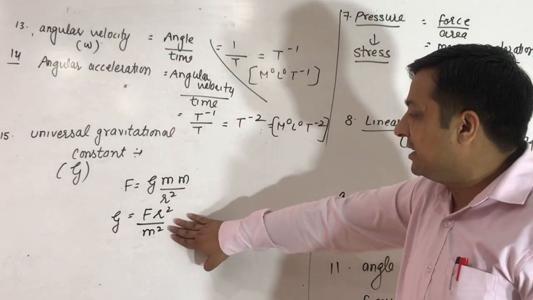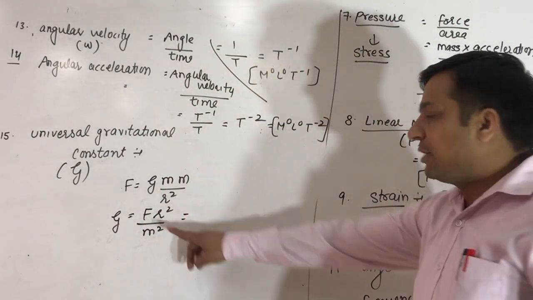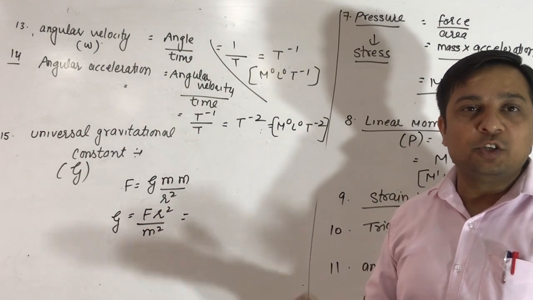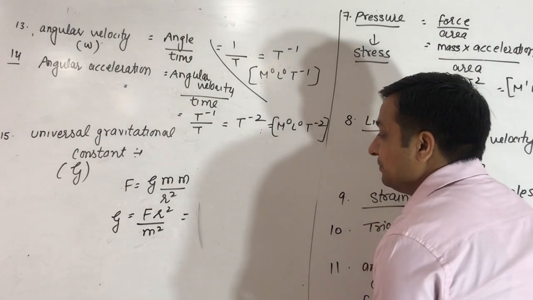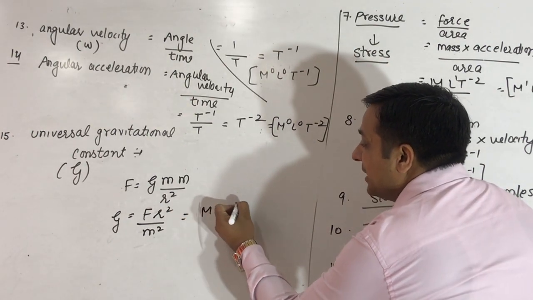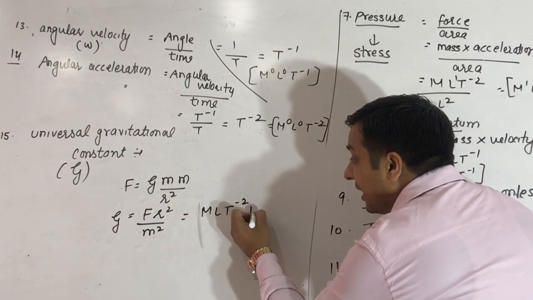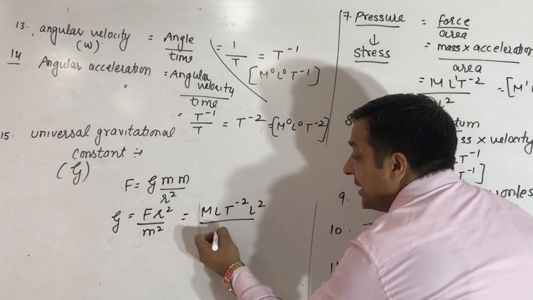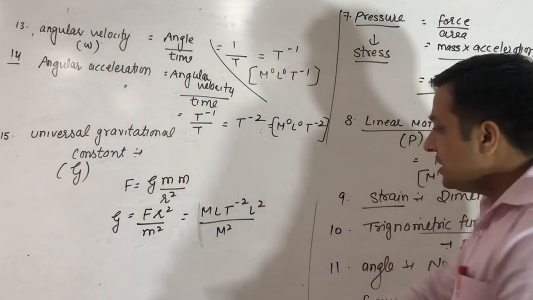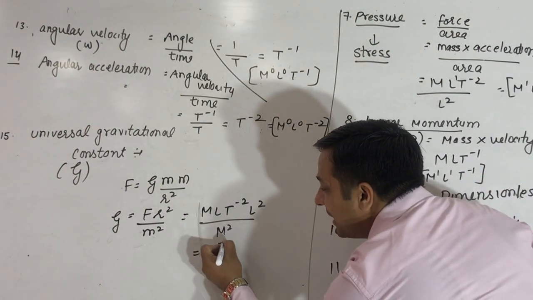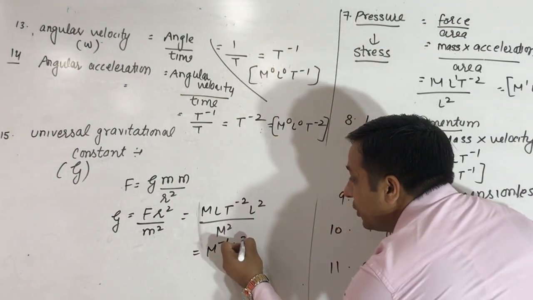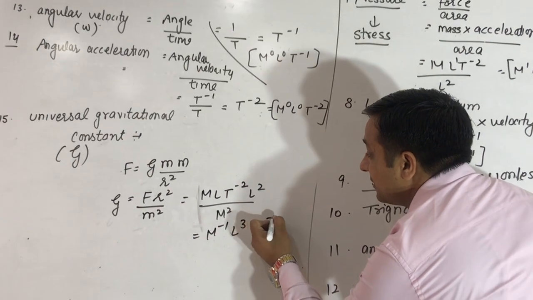The formula of force is mass into acceleration, M L t minus 2. For r, L square; for mass square, M square. Upstairs the power of M is 1 and downstairs it is 2, so this becomes M minus 1, L cube, t minus 2.